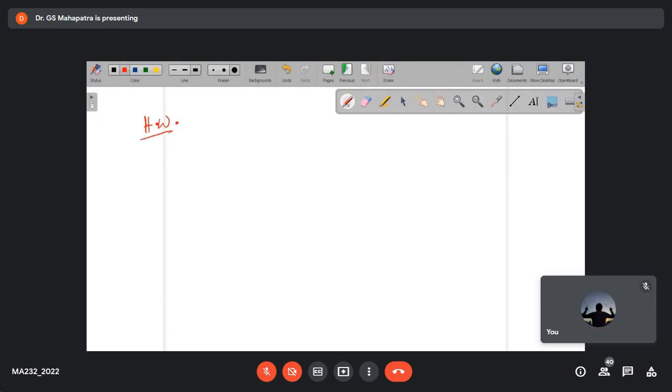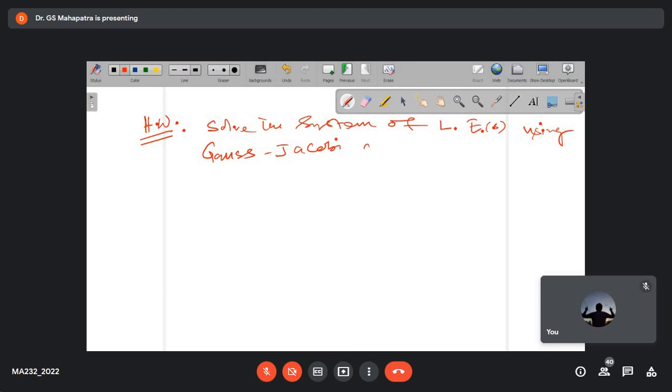Solve the system of linear equations using the Gauss Jacobi and Gauss Seidel methods.